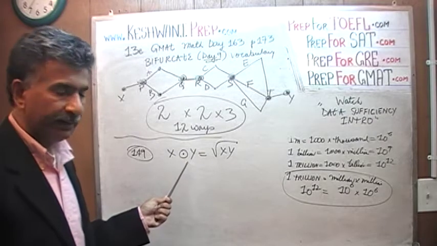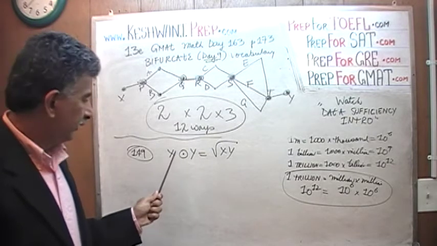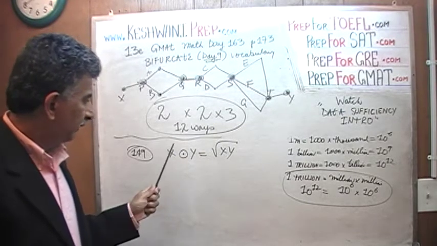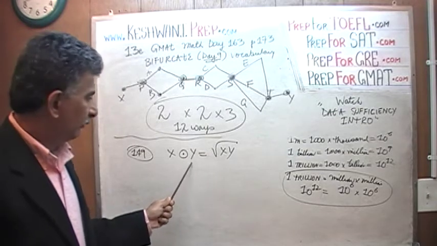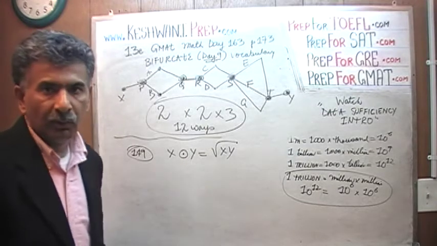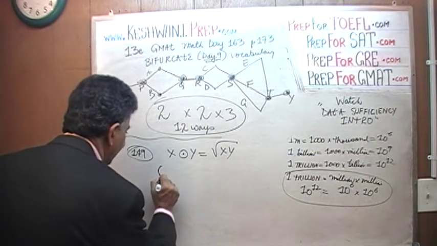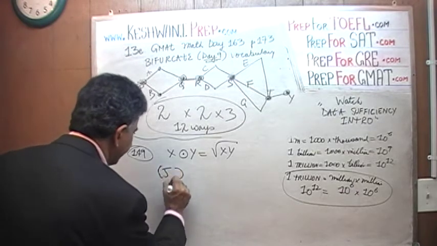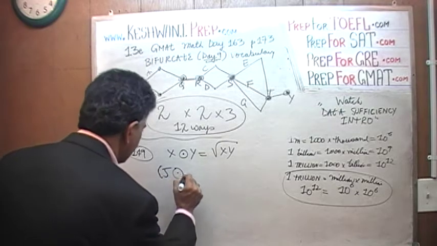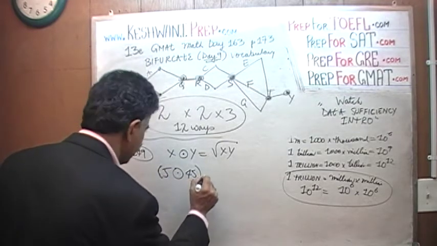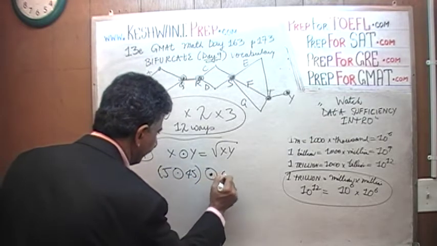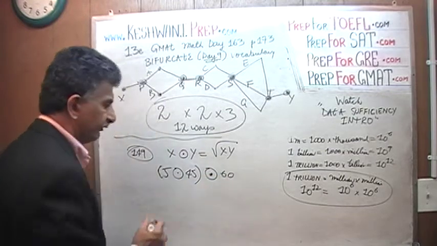What we are told is that when we see this symbol, we have to take the number on the left hand side and multiply it by the number on the right hand side. Once we have their product, we have to take the square root of it. That's all it is. And the question simply is, how much is 5 circle 45, and then circle 60?